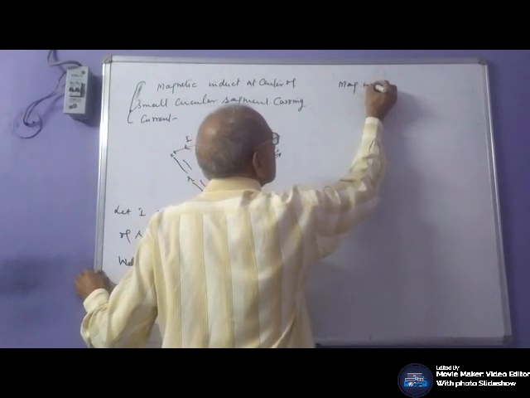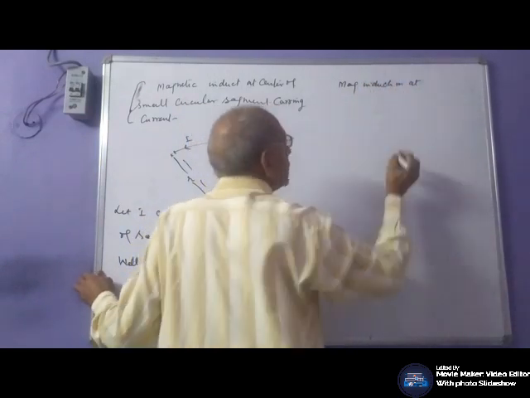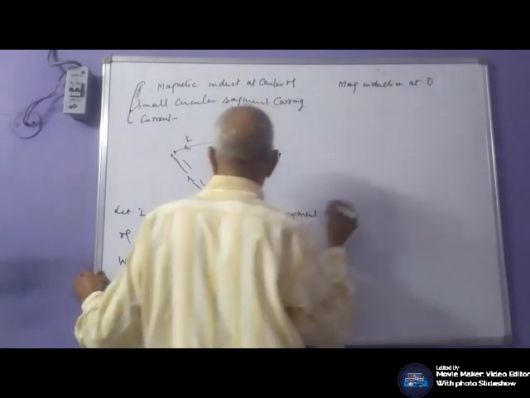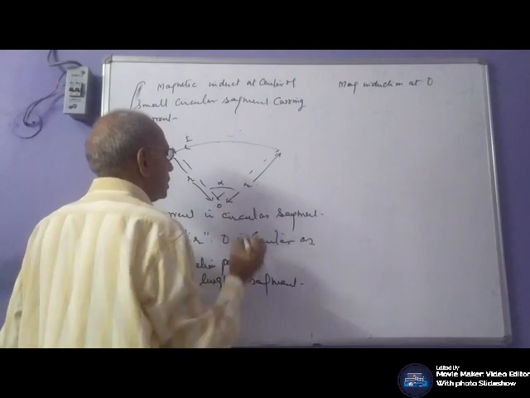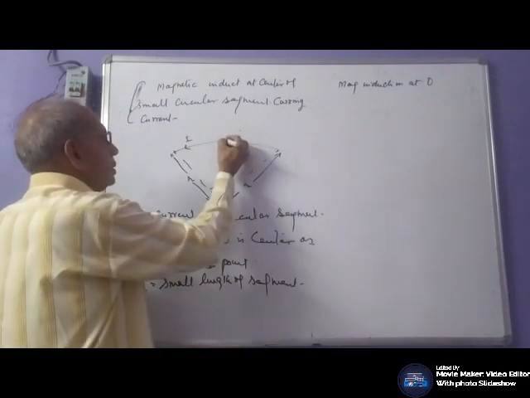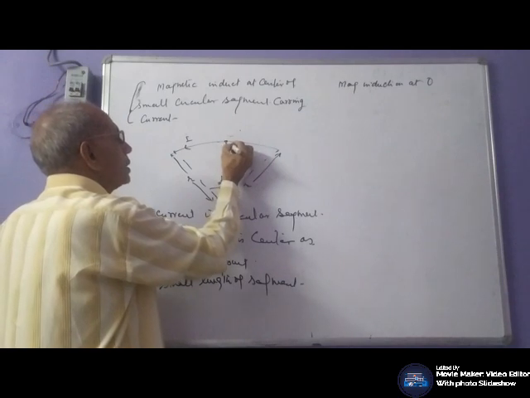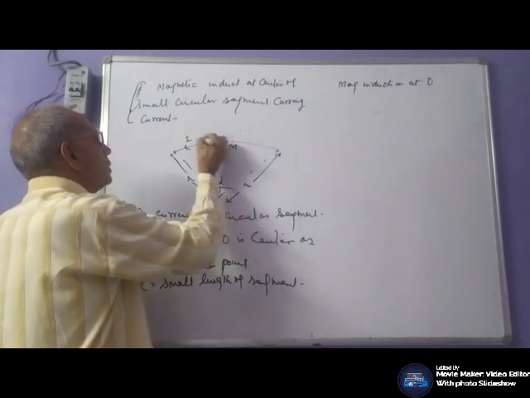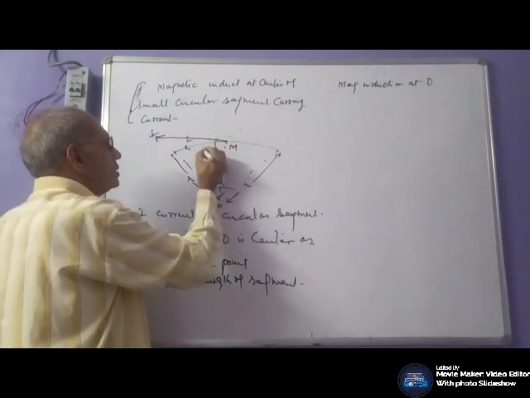Magnetic induction at O. Say this angle is alpha. Say this is the midpoint. This is the direction of current at the midpoint. This is theta.